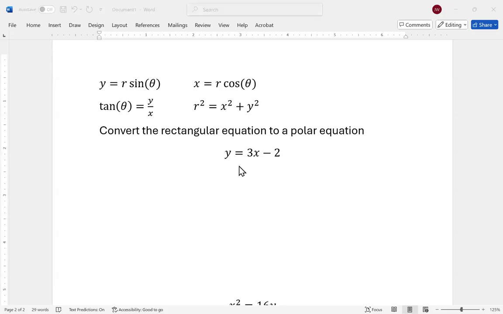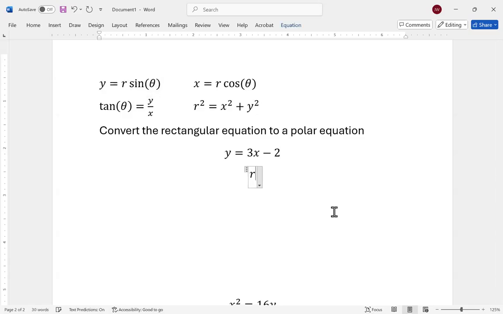Let's do y equals 3x minus 2 right now. y equals 3x minus 2 is not going to fit an x squared plus y squared form very nicely. It's not going to have y over x. So when in doubt, just replace every y I see with r times sine theta and every x I see with r times cosine theta.